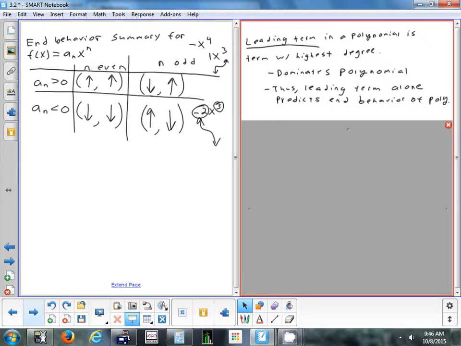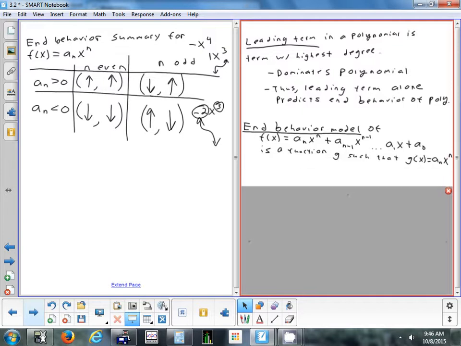Okay. So the bottom line is if you've got some fancy polynomial, like 3x cubed plus 2x squared minus 8x plus 7, and you want to figure out what's the end behavior, all you have to do is look at this first term. And that first term models the end behavior.